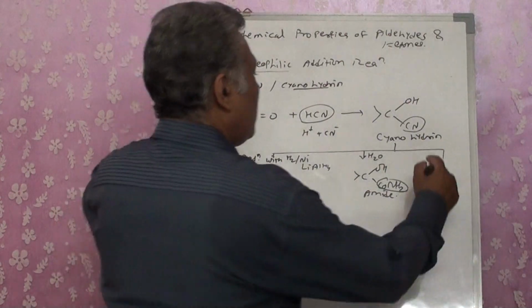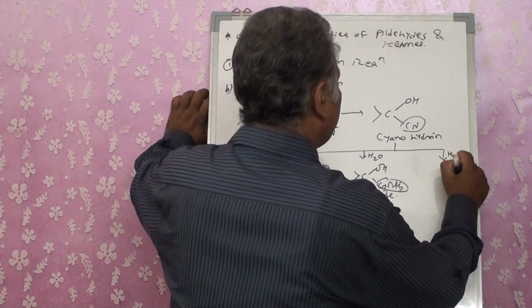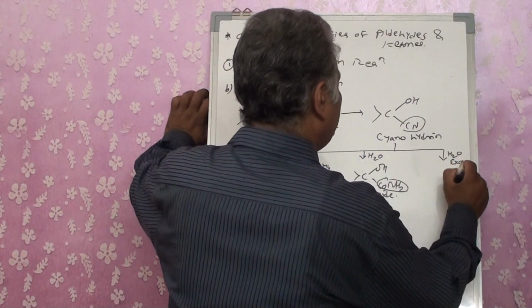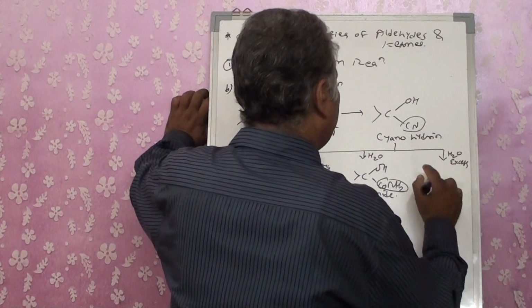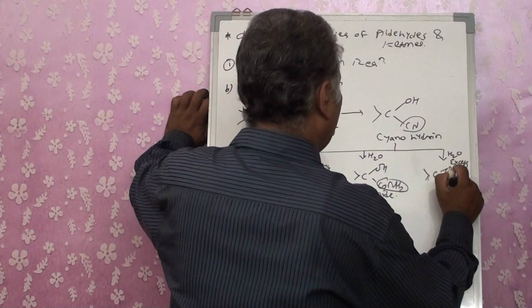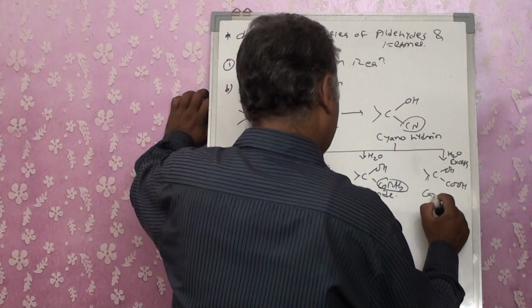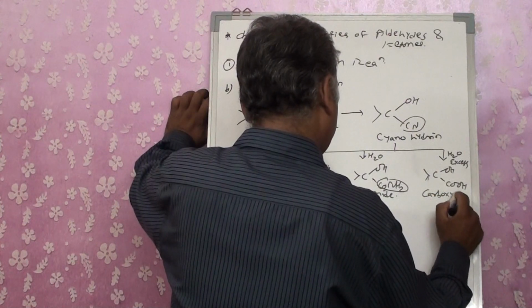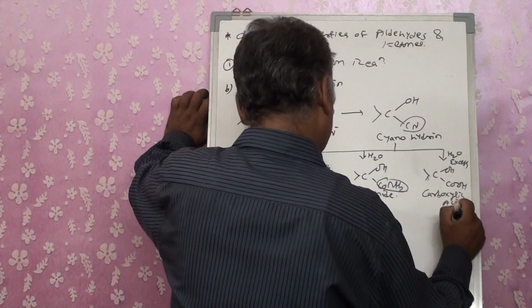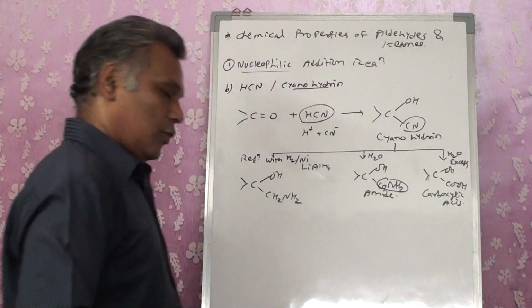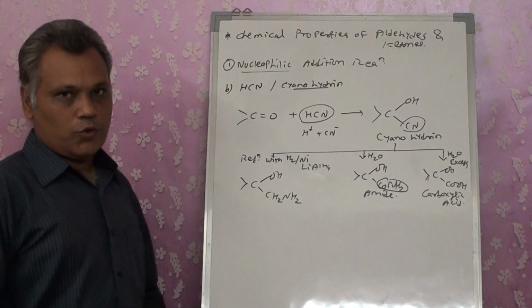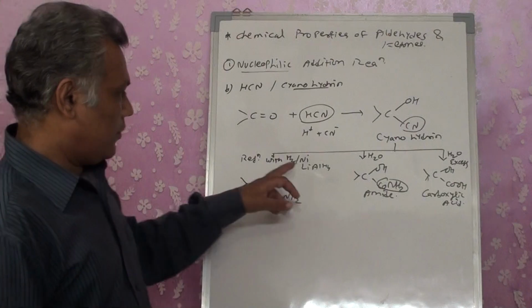And if you go for hydrolysis in excess quantity, then at that time the compound gets converted into COOH.